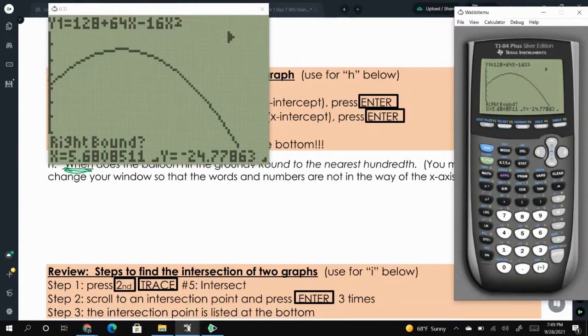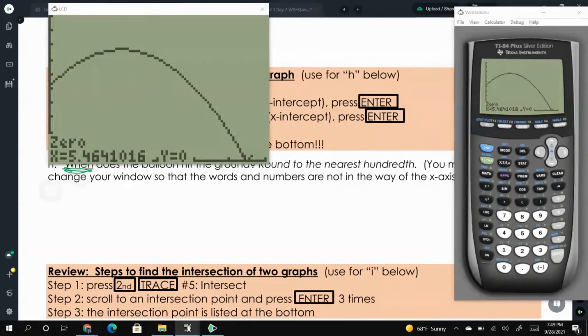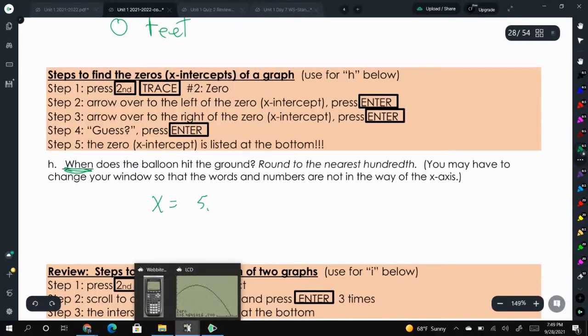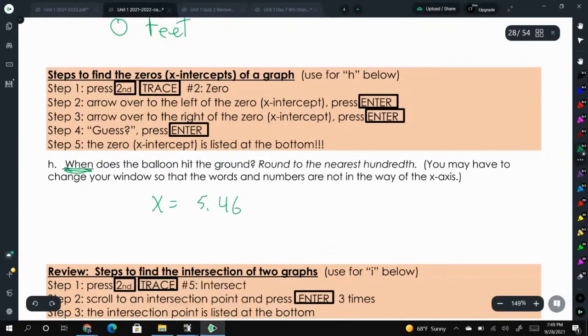That means that our cursor is below the x-axis, so we have moved to the other side. Press enter, enter again, and this is our x-intercept, 5.46. So we would say x equals 5.46 seconds.